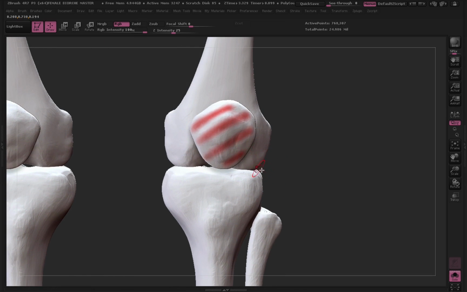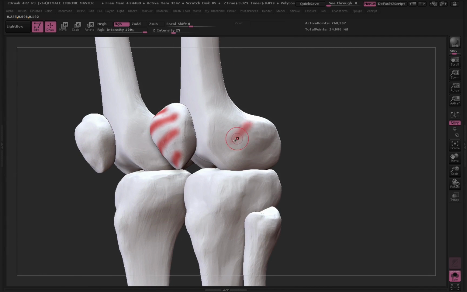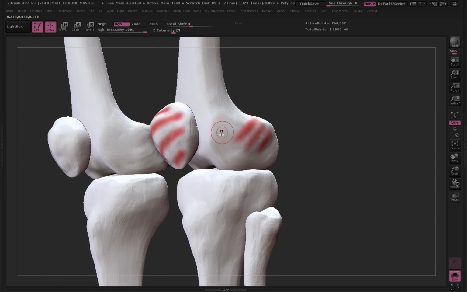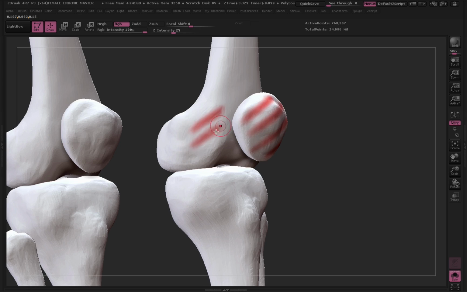So you can feel your kneecap. To the side, you're going to be able to feel these hard surfaces of the head of the femur, and the same on the inside.